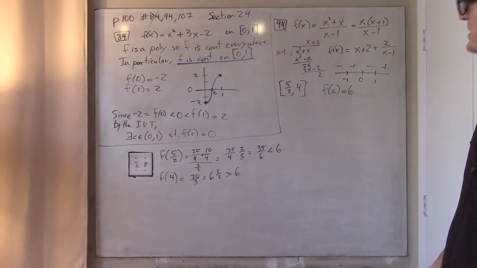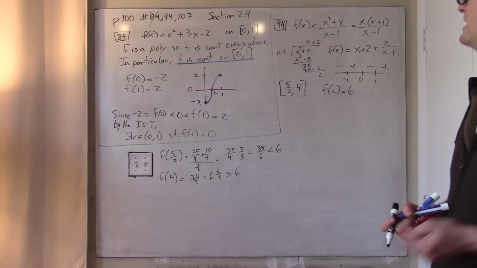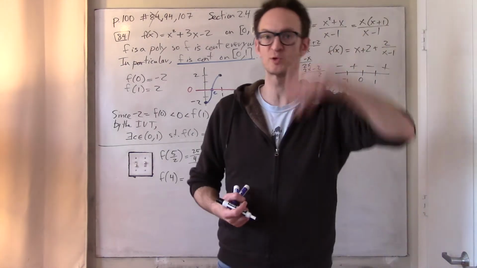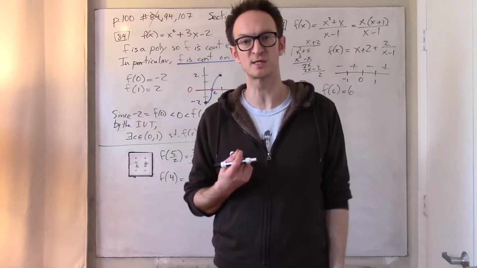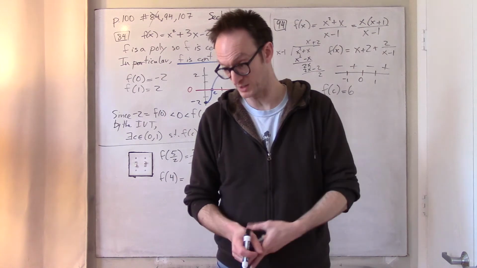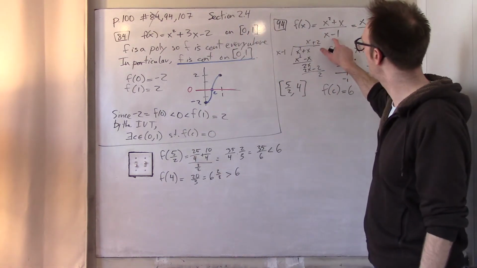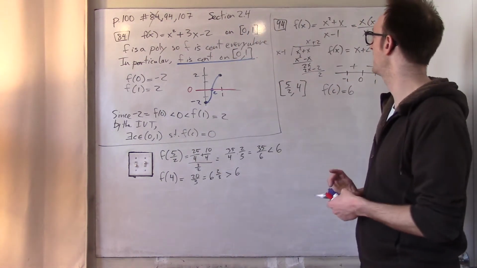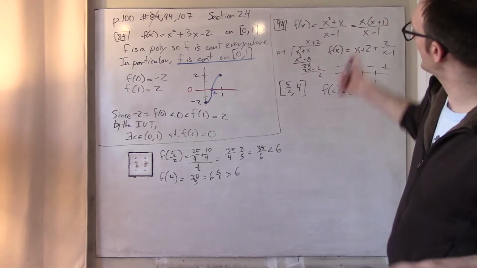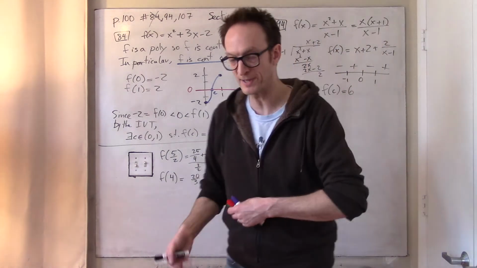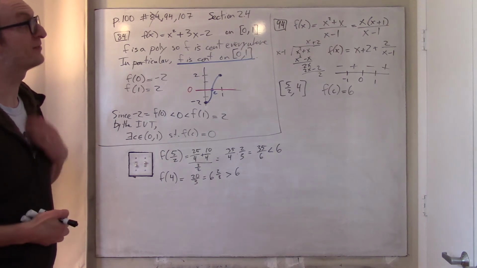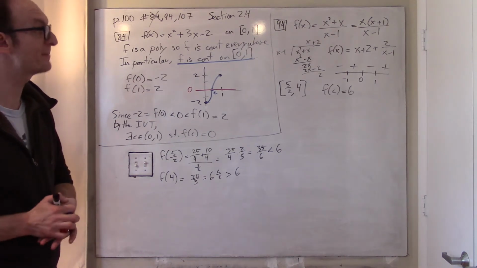Is this function continuous on this interval? Yes. This is a rational function. A rational function is just the ratio of two polynomials. All polynomials are continuous everywhere. The ratio of two continuous functions is also continuous, except where the bottom function is 0. So by applying properties of continuity, I can say that this function is continuous everywhere except at x equals 1.